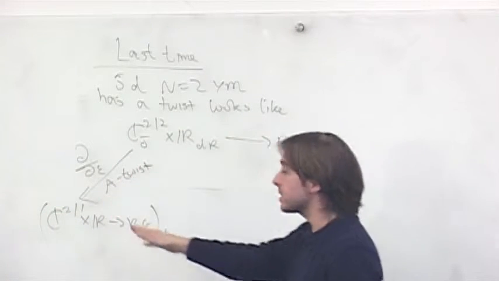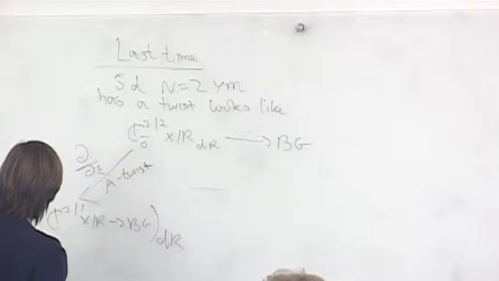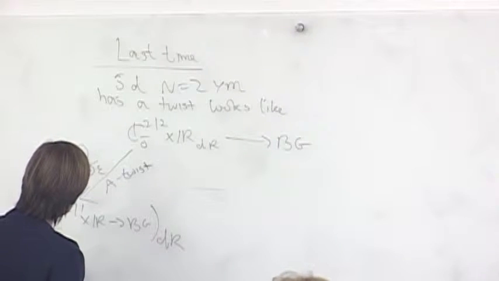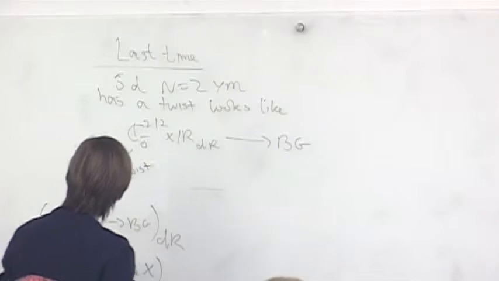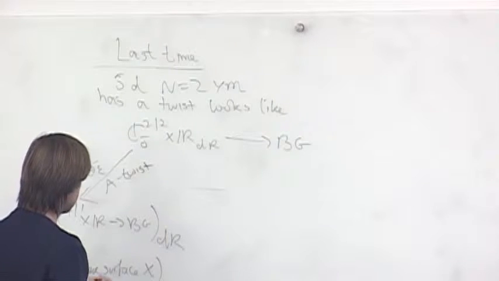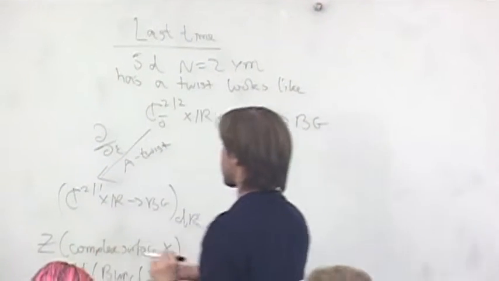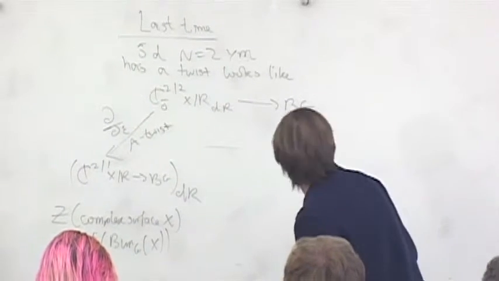We're counting some bundles. And in this picture, Z of a complex surface X is going to be the cohomology of instanton moduli space. And you should worry about compactifications there.